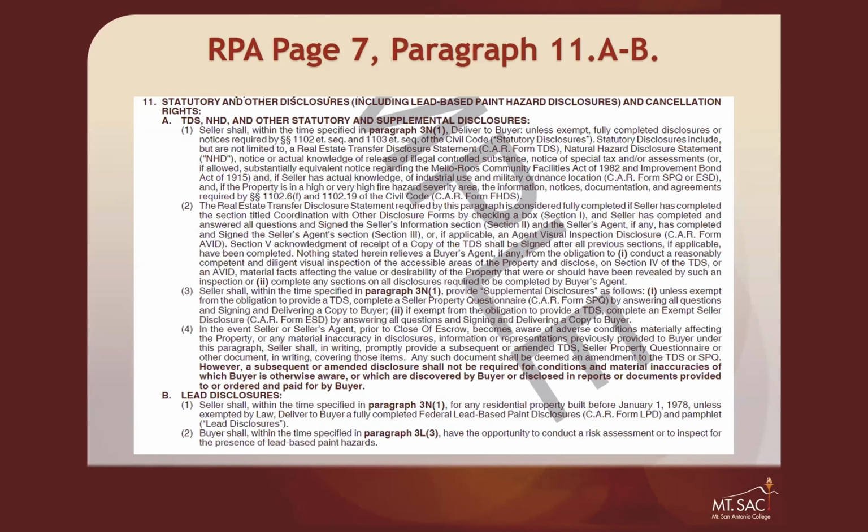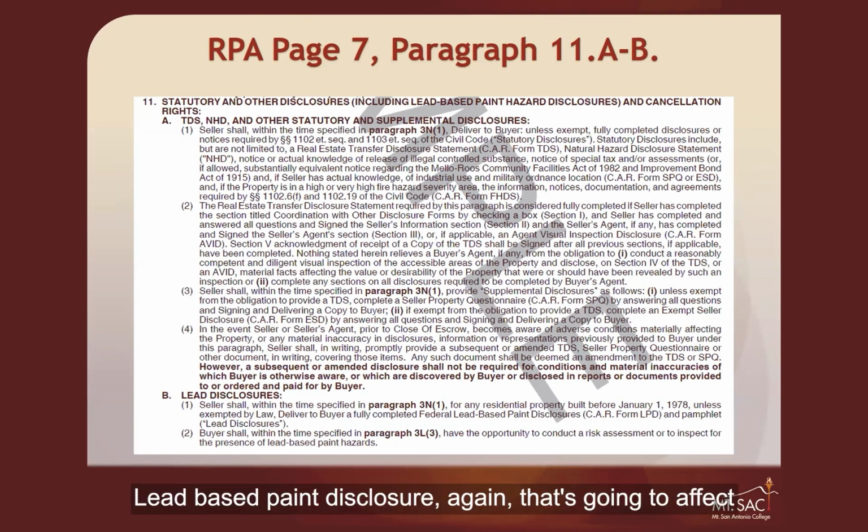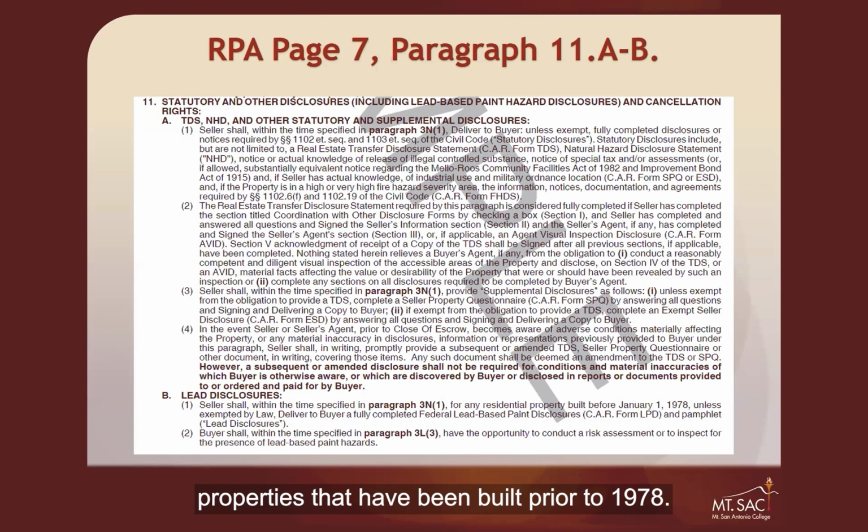All right, lead-based paint disclosure. Again, that's going to affect properties that are or have been built prior to 1978. What about a property that was built in 1979 with old paint? You don't have to worry about it. First of all, any properties built in the 1970s probably don't have lead-based paint in California because lead was basically removed from paint in California in the 60s along with DDT, all right?